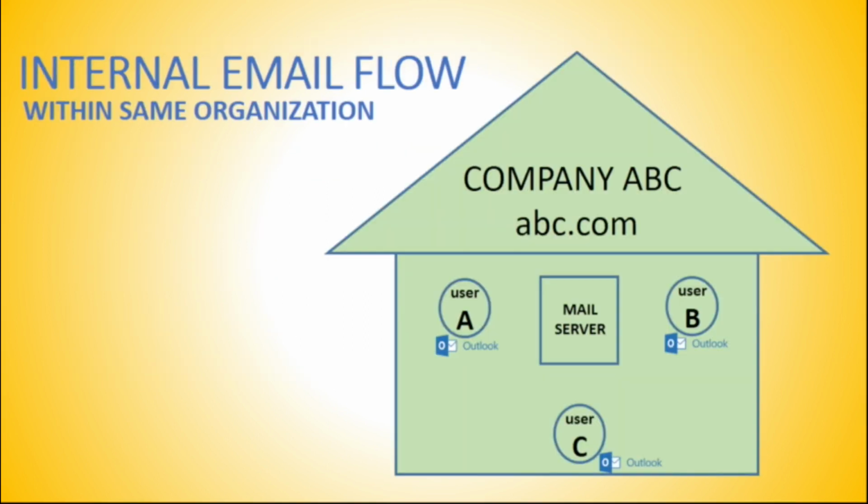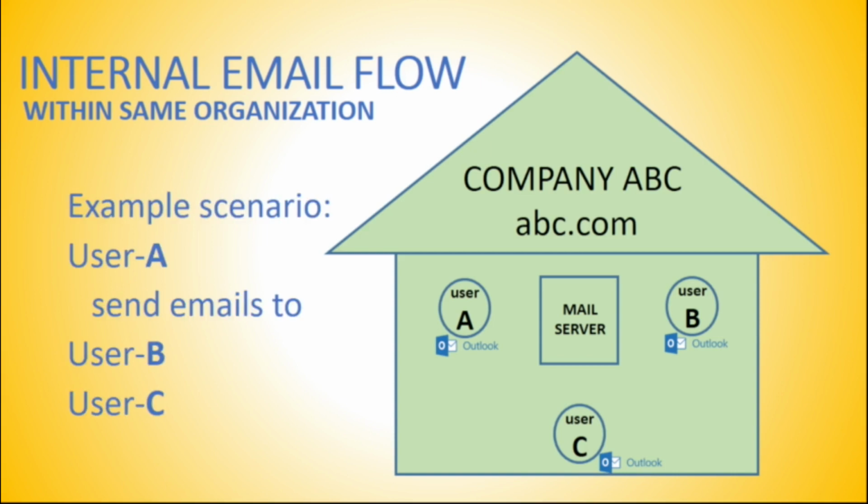Let's start with internal email first. Consider the following scenario. User A sends emails to user B and user C. User A uses the Outlook email client to compose and send the email.